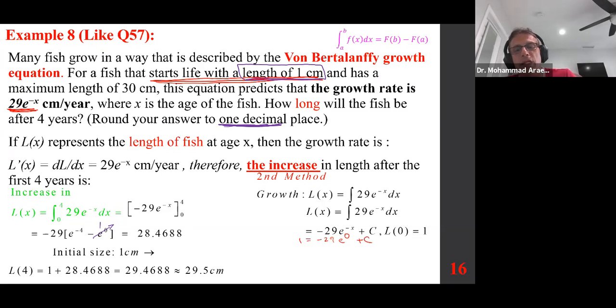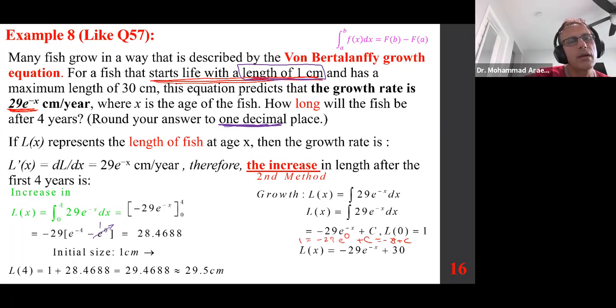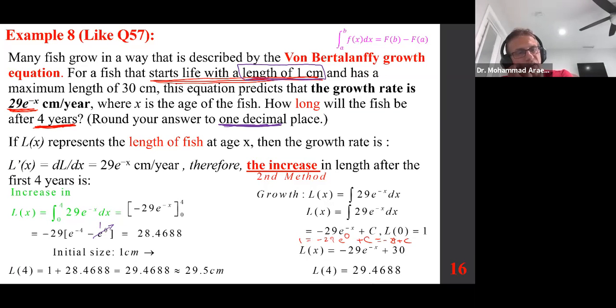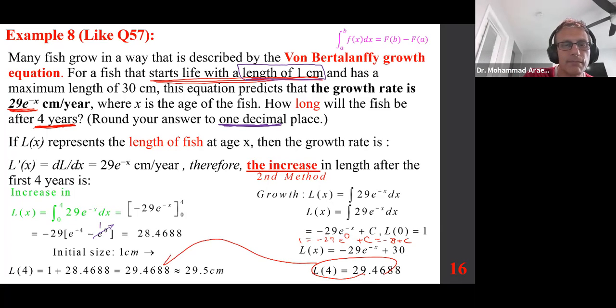Okay. So -29 plus c equals 1, so c must be positive 30. So L of x becomes -29 e to the power minus x plus 30, because we want the age after 4 years. We want L of 4. And if you evaluate L of 4, you get exactly what you got here.